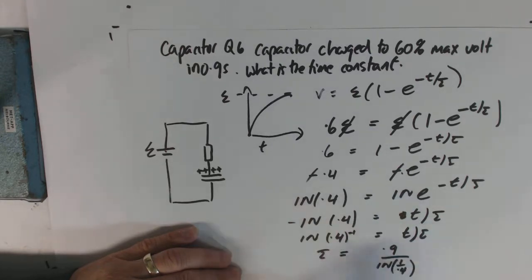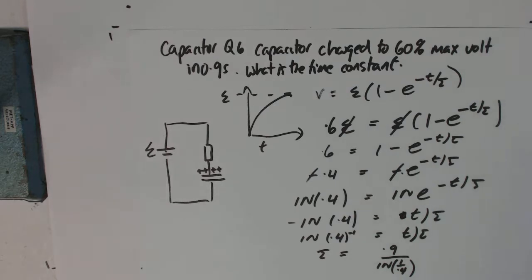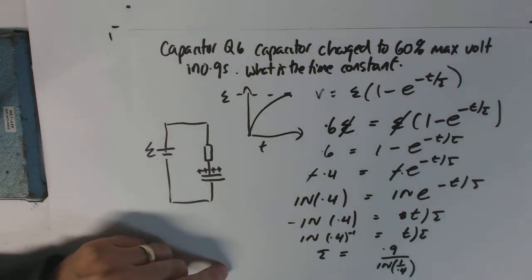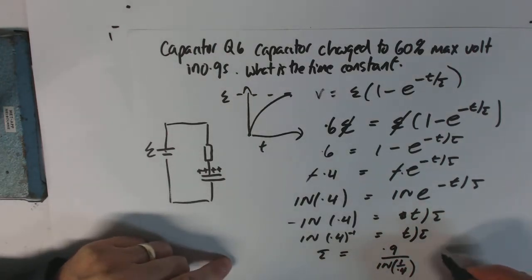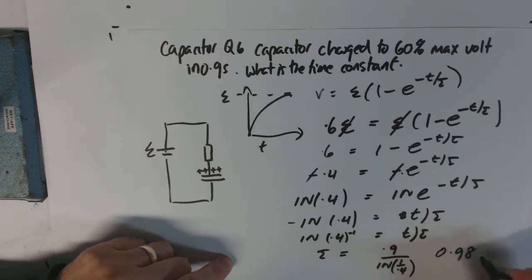Hopefully you saw it, because it's minus 1. Remember, we've been doing that since year 11, saying that's equivalent to dividing by it. So if we solve this, put it all in our calculator, we'll come out to the time constant being 0.98 seconds, and we're done.